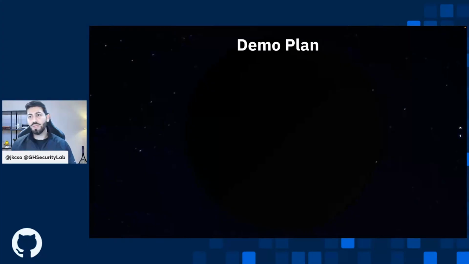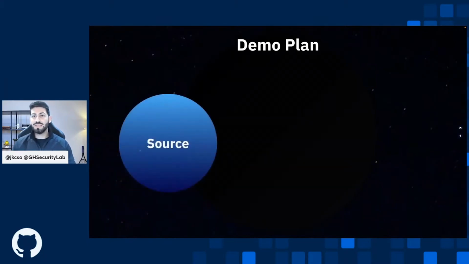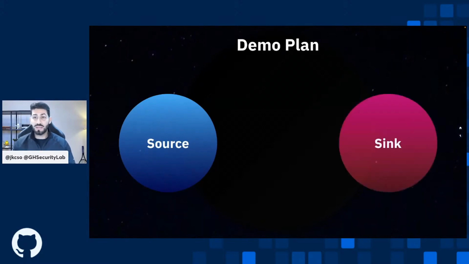Just before the demo, let's define 2 important concepts for our data flow query: sources and sinks. Sources are places in the program that receive untrusted user input, for example, a field in a web form. Sinks are places in the program where something malicious can happen if the malicious input eventually reaches these places.